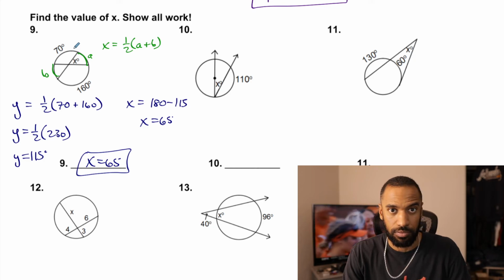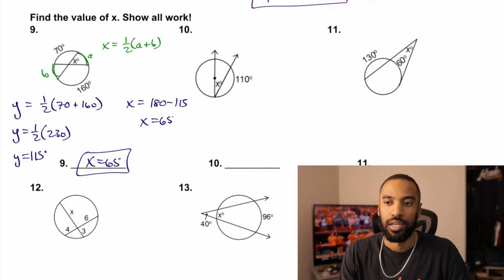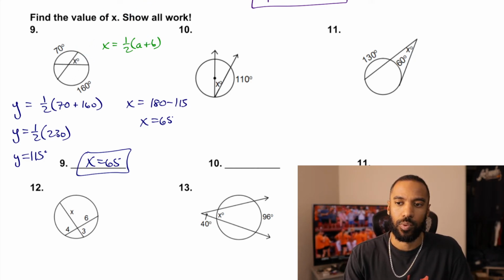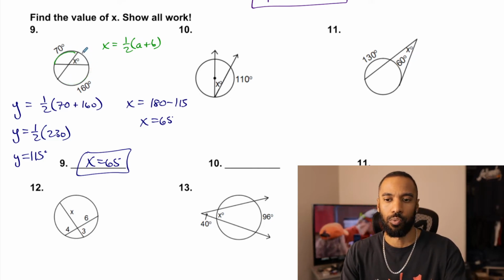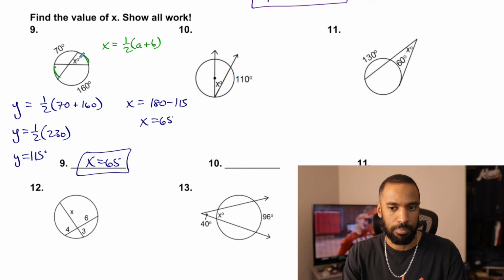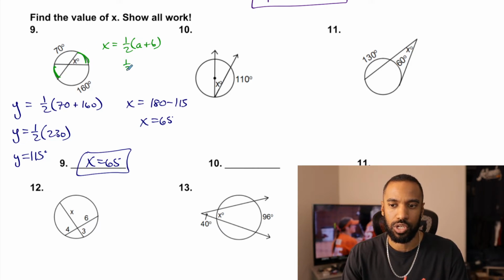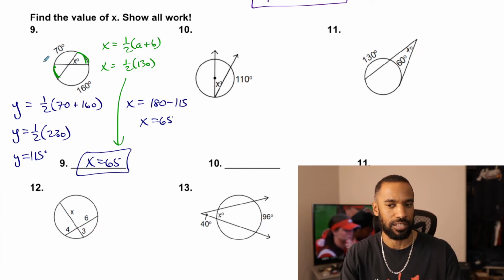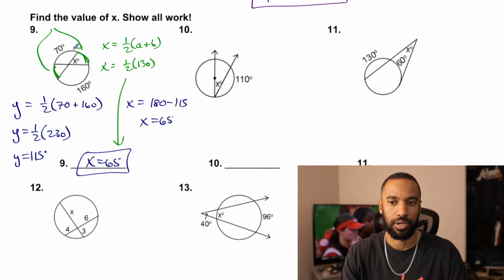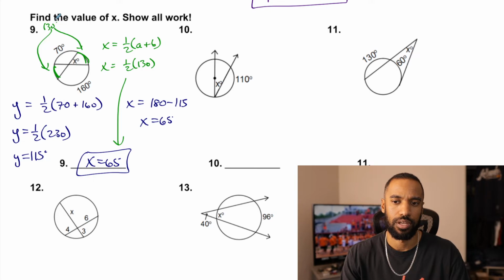I care what they are collectively, because I'm going to add them. Well, 70 plus 160 was 230. Together, these are 230. These are the rest of what makes 360, because the whole circle has 360. 360 minus 230 is 130, so it's half of 130, which gives you 65. So they add to 130 collectively. I don't know what they are separately, but collectively they're 130 degrees.